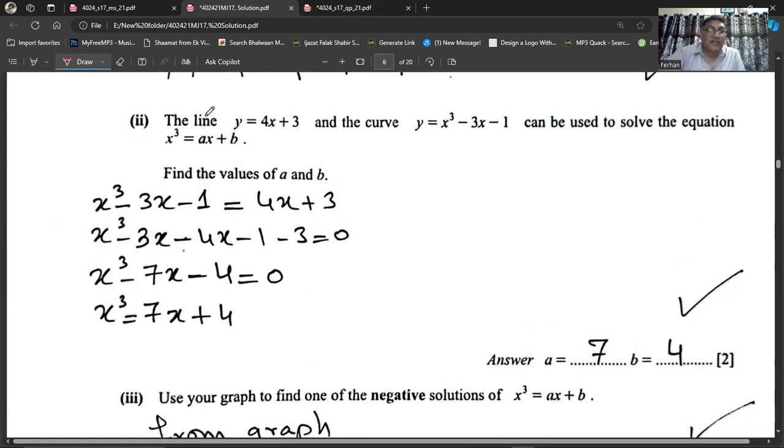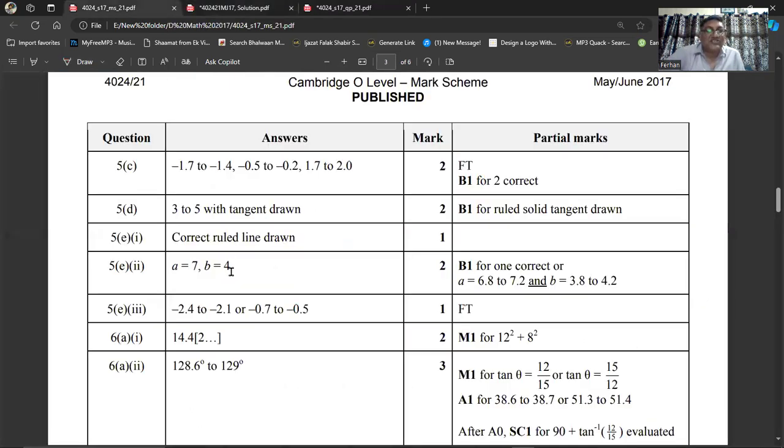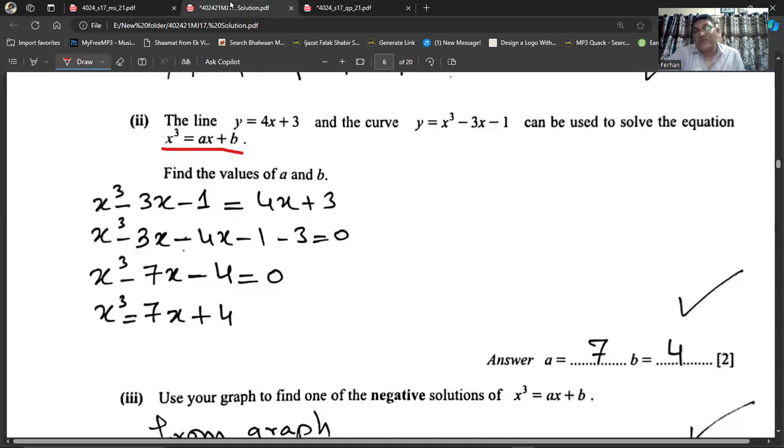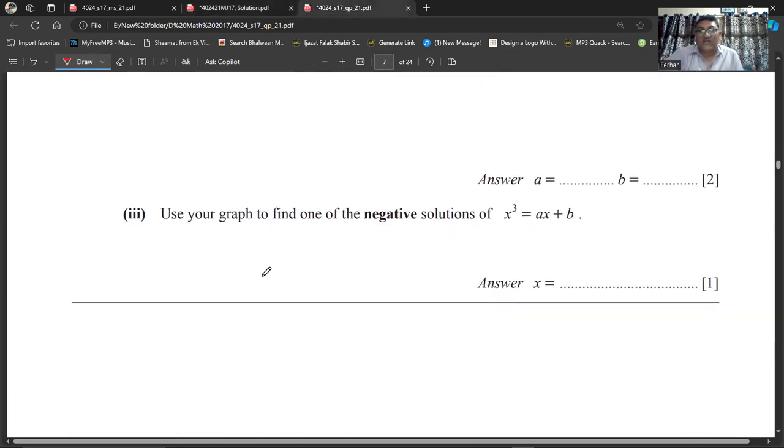I will arrange it in this shape: x cubed equals 7x plus 4. So the a value here is 7 and the b value here is 4. So 7 and 4 is the right answer. Hopefully you understand. It's a famous question on the graph questions. Okay, it says use your graph.